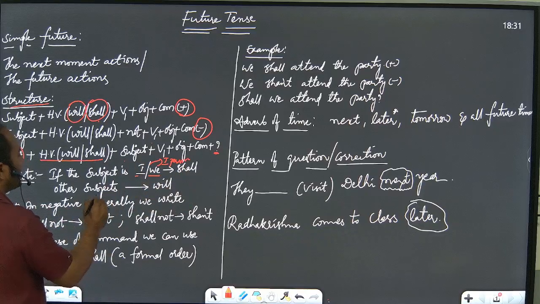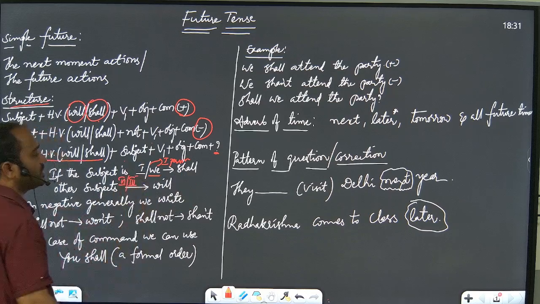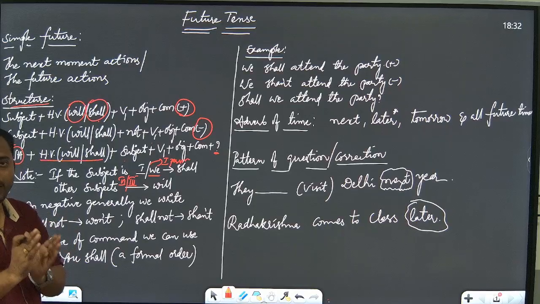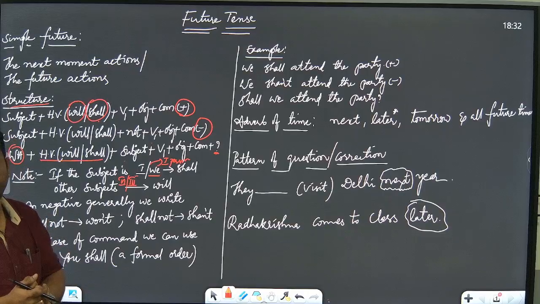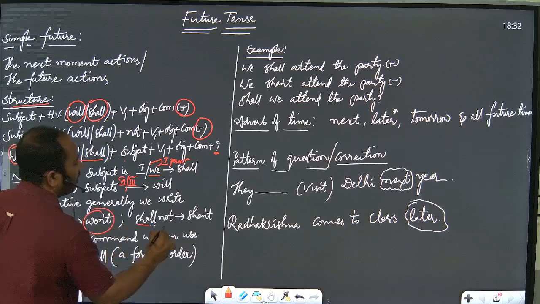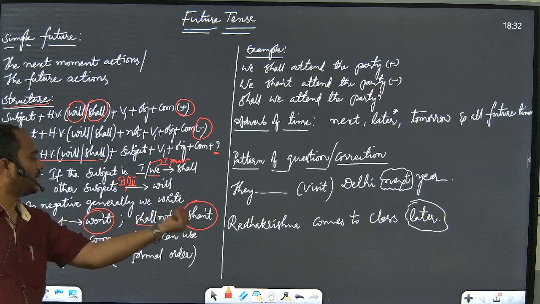For other subjects like second person and third person, we should use the helping verb will. Generally, whenever we write a negative sentence, we can write will not or shall not, but shortly we can write will not as won't and shall not as shan't.